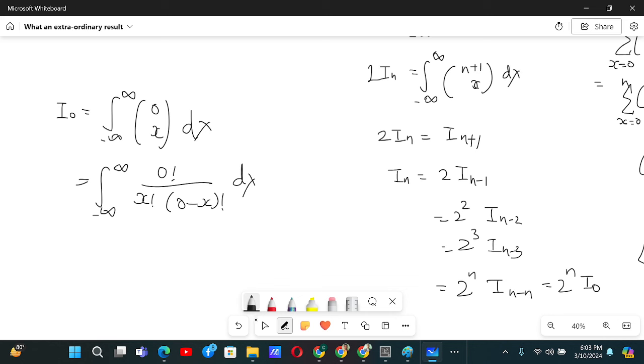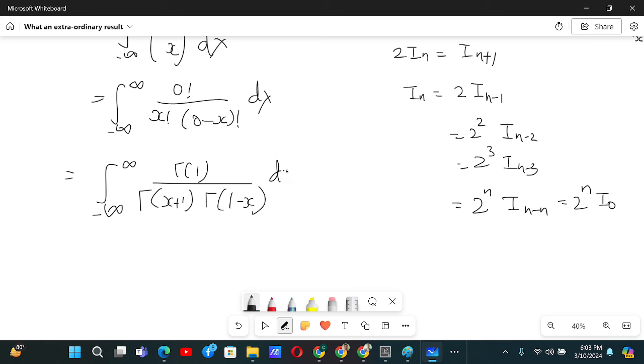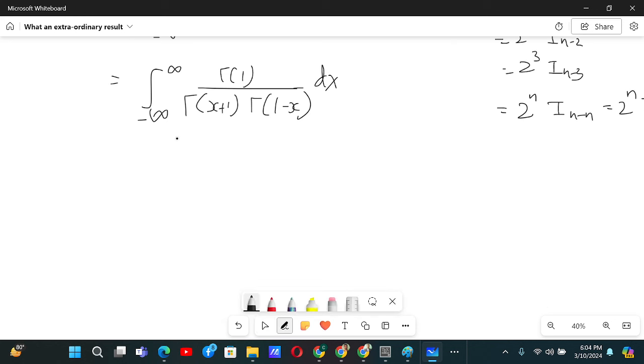Now in terms of the gamma function, this is gamma of 1 over gamma of x plus 1 times gamma of 1 minus x. Now you see that here we can actually apply the reflection formula. So basically if we write gamma of x plus 1 as x times gamma of x, here we have gamma of 1 minus x.